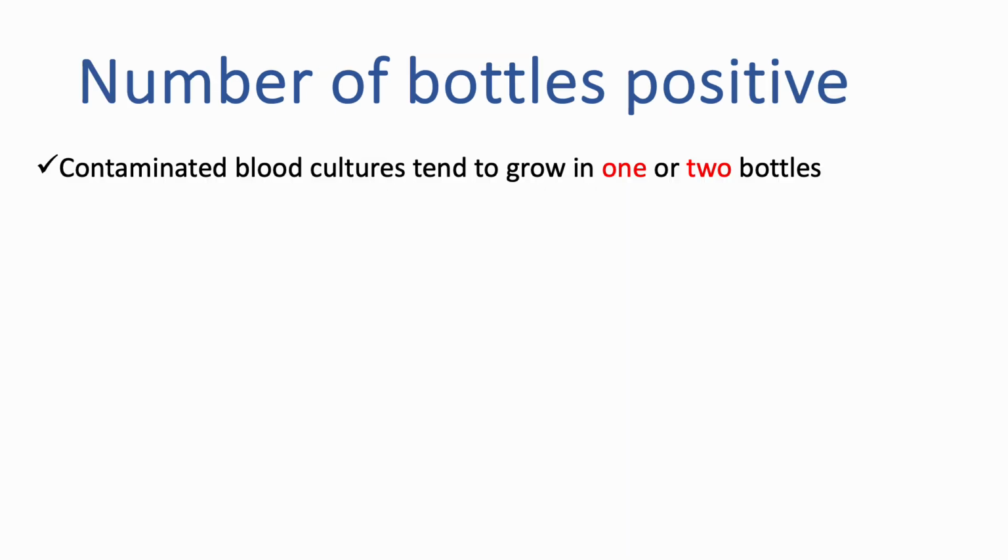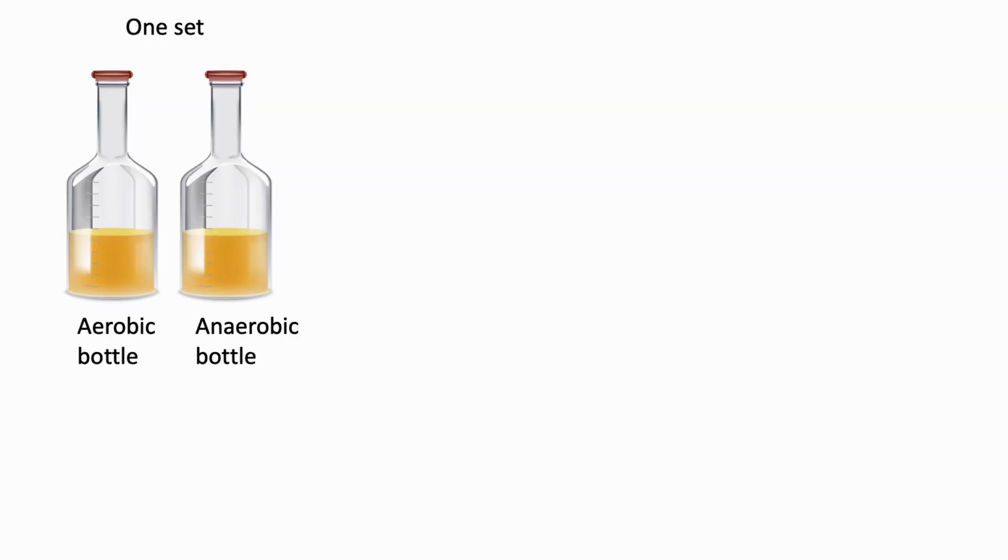The third factor is the number of bottles reported as positive. Generally speaking, contaminated blood cultures tend to grow in 1 or 2 bottles only. Usually one set of blood cultures means 2 bottles, an aerobic bottle and an anaerobic bottle, so that's considered one set.